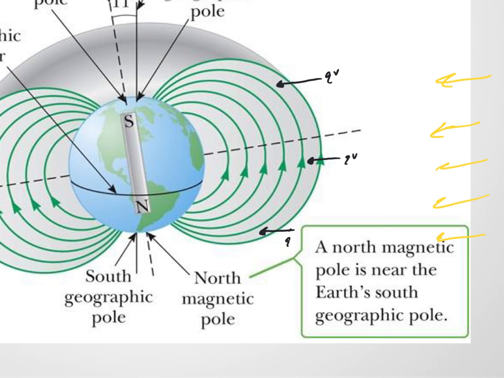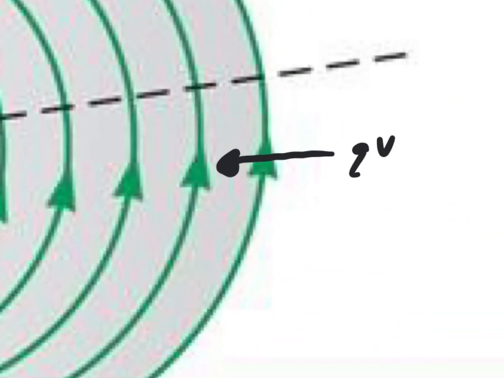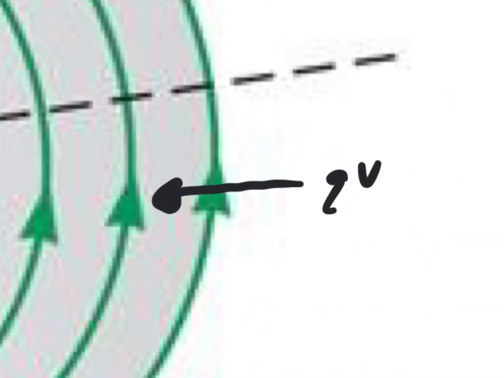Not B, V. What's going to happen to the charge as it reaches this magnetic field? Well, the magnetic field we already have drawn upwards like so. So I can use the forces right-hand rule to determine the direction of the magnetic force on this charge.